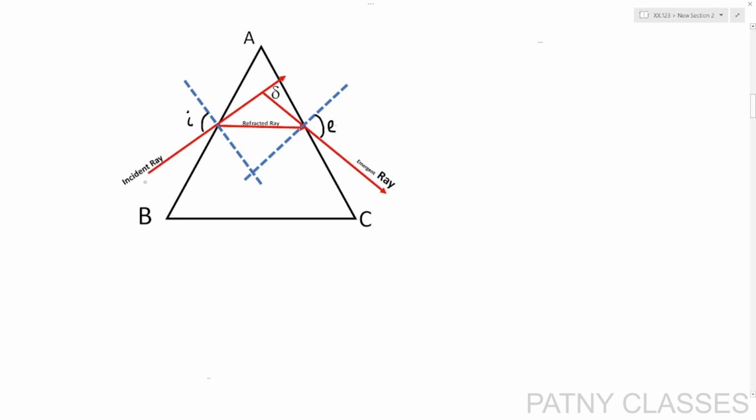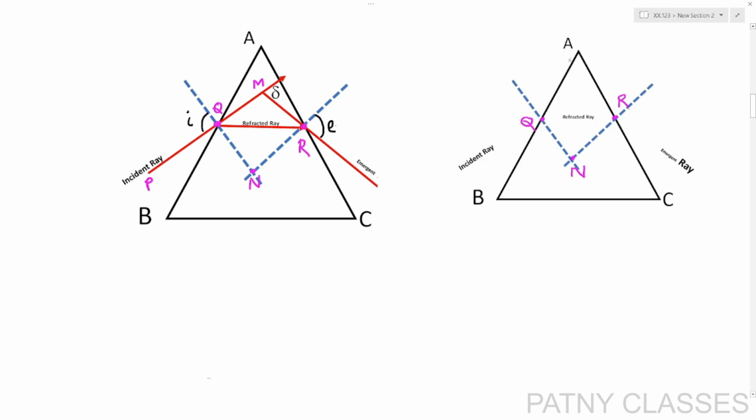Now let us label it. This point is P. Call this point Q. Call this point M, and this point N, and this point R. There is one quadrilateral AQNR.